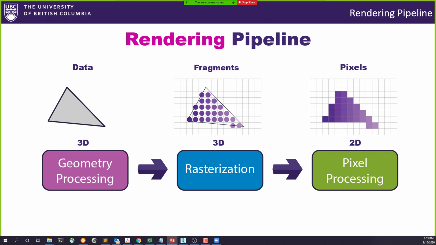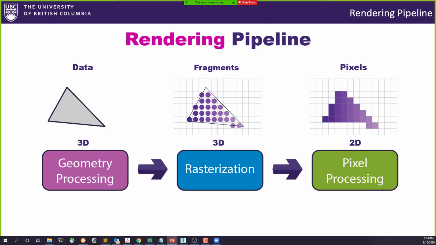Okay, so the rasterization part, again, computes which parts of this triangle correspond to which pixels, and it also needs to compute, for example, the color of these fragments. Having the information from the geometry processing, so the position of the triangle, the normal of the triangle, and the position and direction of the lights, the rasterization part will compute a single color value for each fragment.